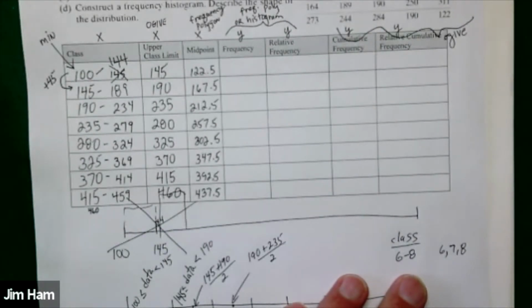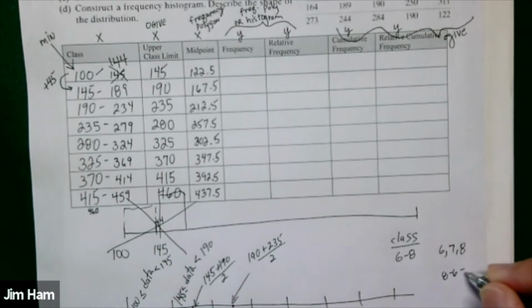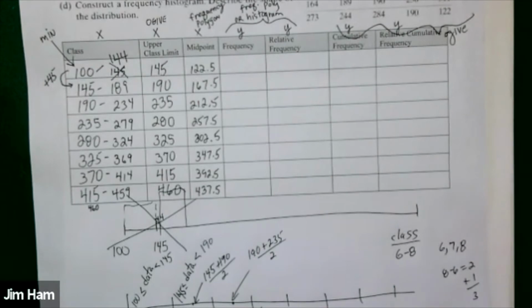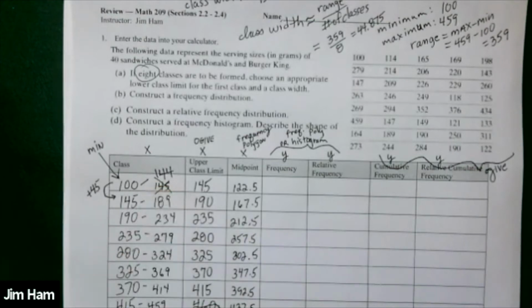And if you'll notice, there are 3 different listed data values here. But if we just subtract 8 minus 6, we get 2. And we know that there are 3 there. So we always add 1 to get the number of data values. So if we take 144 and subtract 100, we get 44. But then if we add 1, we get 45, and that is the class width.